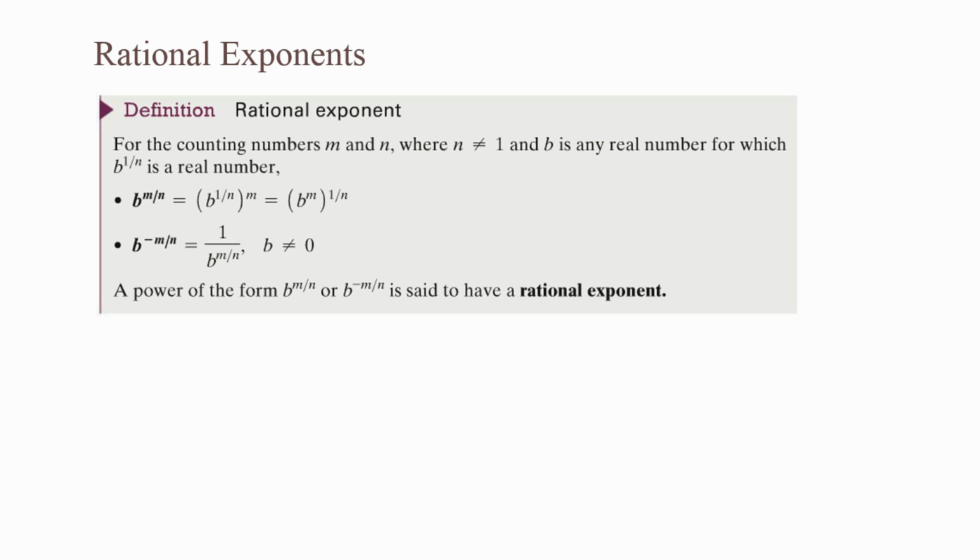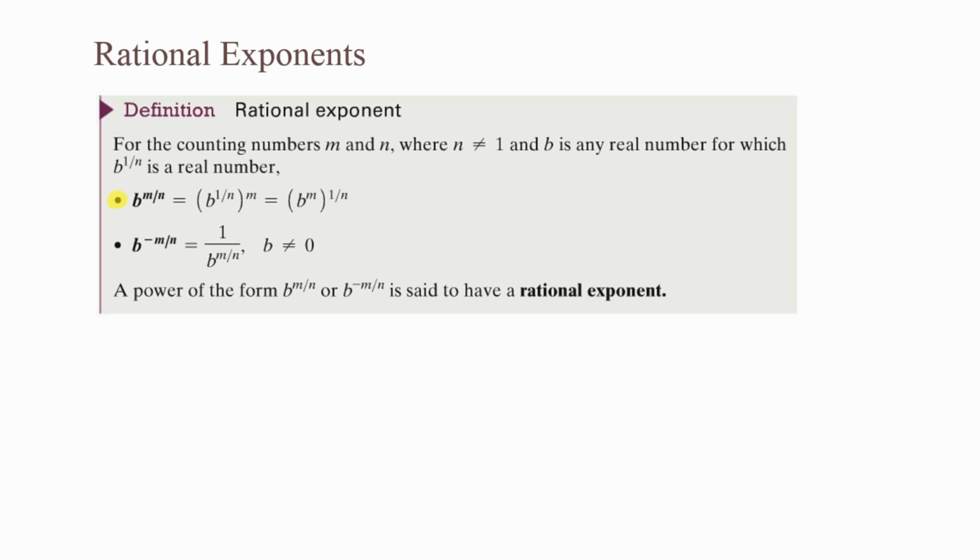Rational exponents. The definition of a rational exponent: for the counting numbers m and n, where n does not equal 1, and b is any real number for which b to the 1/n power is a real number, b to the m/n power equals b to the 1/n power to the m power, or b to the m power to the 1/n power.